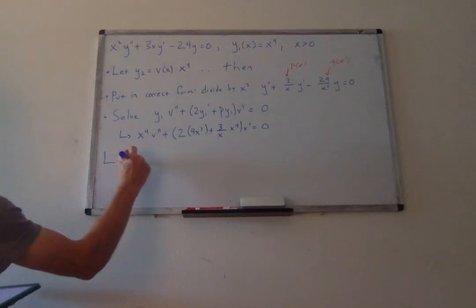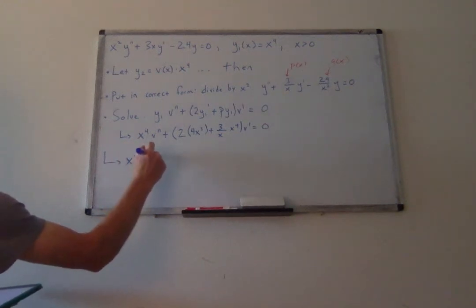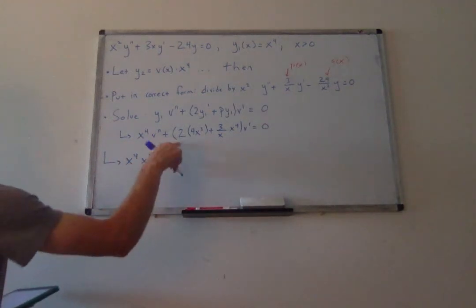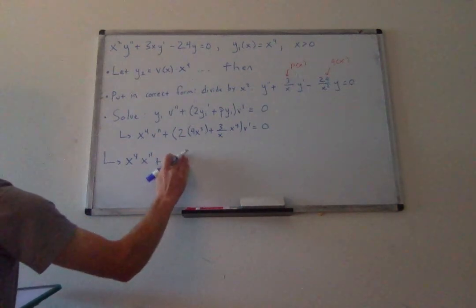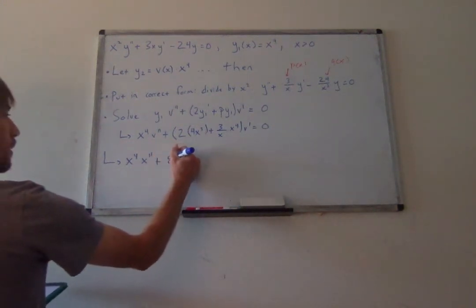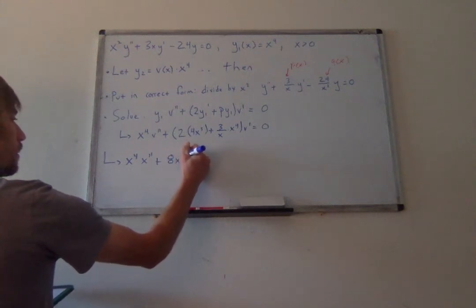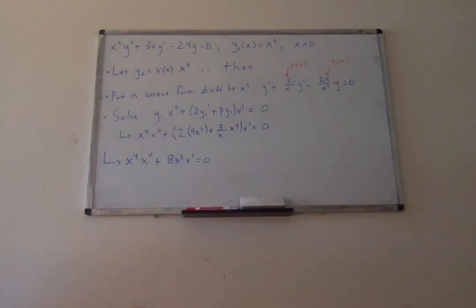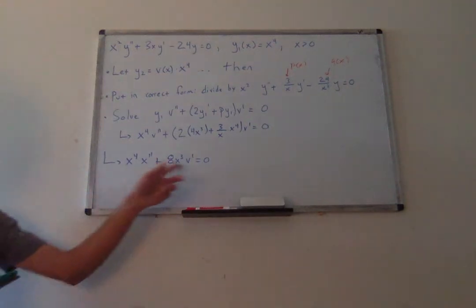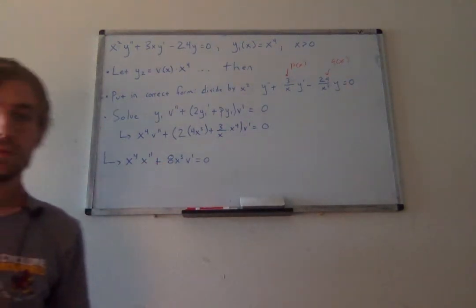And so doing that, you should get the equation with 8 plus 3. So this is separable, and again, we can solve it for v prime.